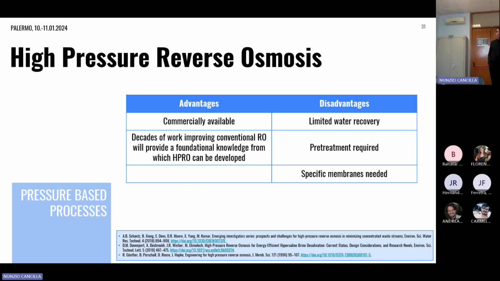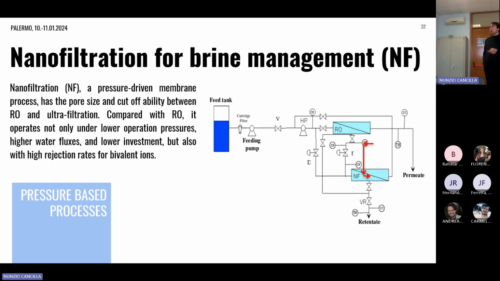So it's a possibility, of course, but we also have to consider the other options for the case of high pressure reverse osmosis. Nanofiltration is one of the technologies that could be very useful to generate a kind of, let's say, first treatment of the brine when you want to separate, for example, monovalent ions from bivalent ions.